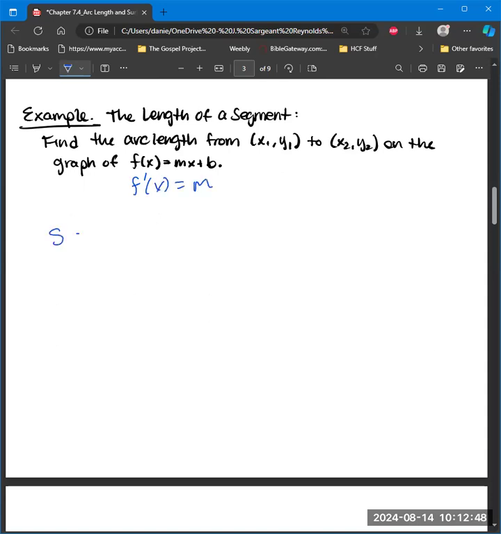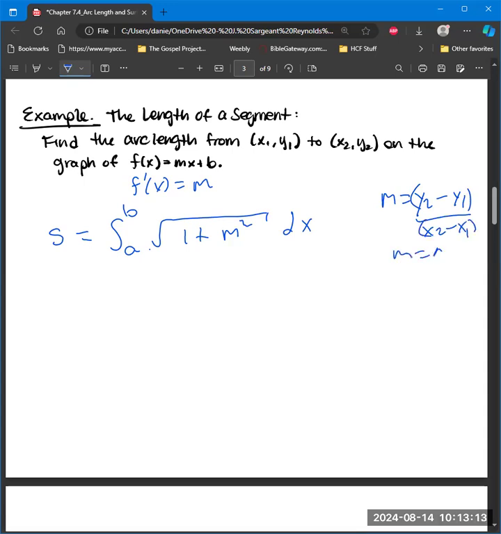So s, our arc length, is going to be the integral from a to b of the square root of 1 plus m squared dx. So in general, m is equal to y2 minus y1 over x2 minus x1, which is going to be delta y over delta x.